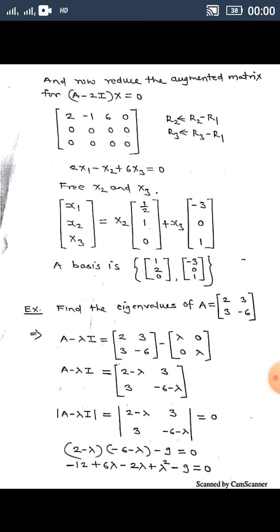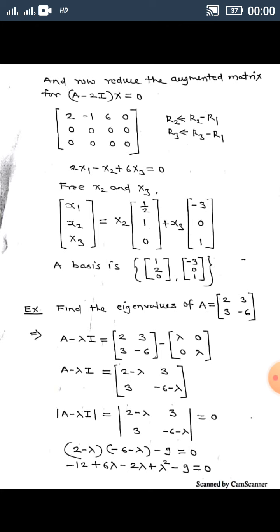Now we take the determinant, that is the characteristic equation, determinant of A minus lambda I. So the determinant of [2 minus lambda, 3; 3, minus 6 minus lambda] is equal to 0. The determinant is the product of diagonal elements minus the product of off-diagonal elements. So (2 minus lambda) multiplied by (minus 6 minus lambda) minus 3 into 3, that is 9, is equal to 0.